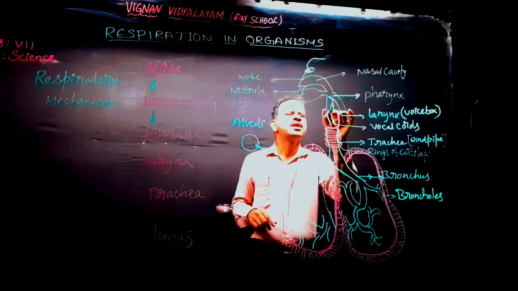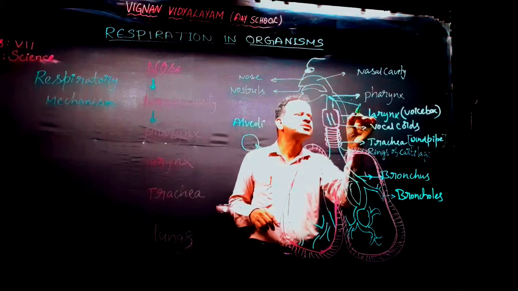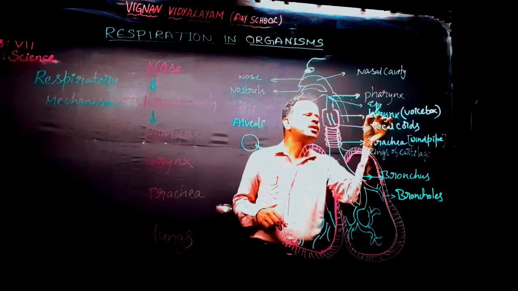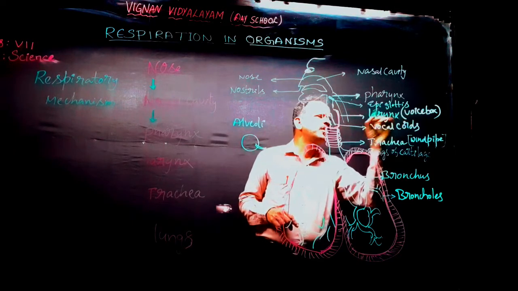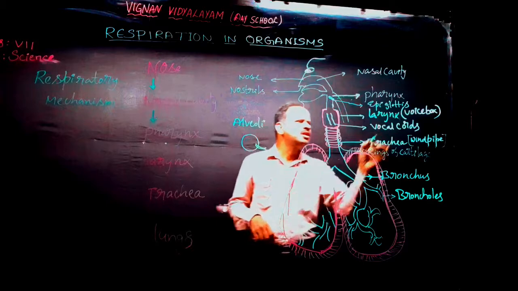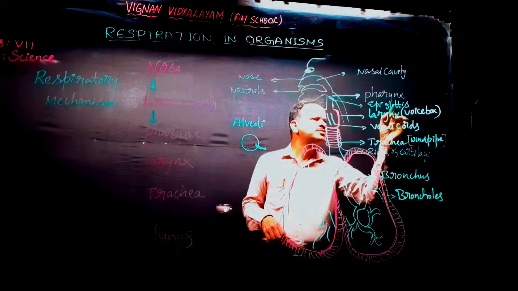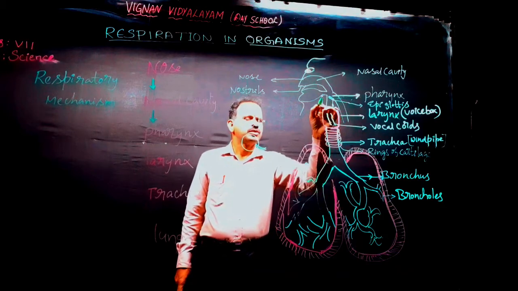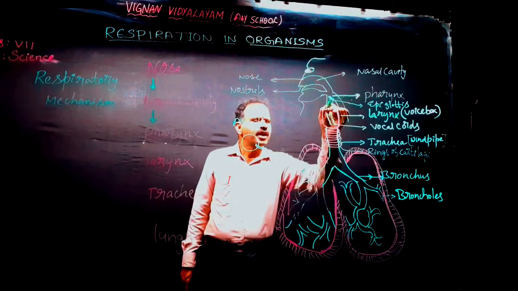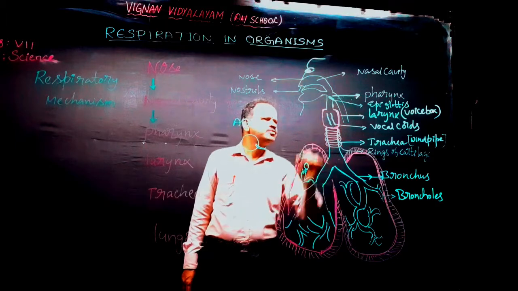This is called the epiglottis. So the air enters, and it prevents the entry of food into the larynx.